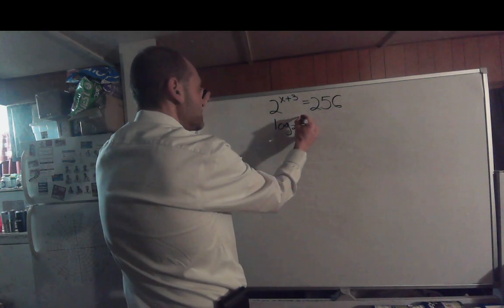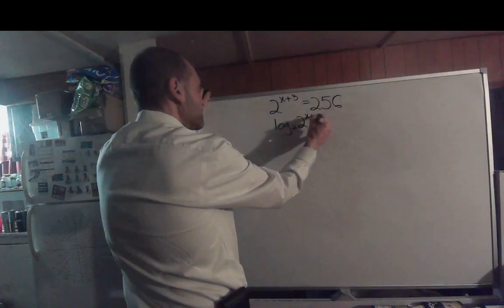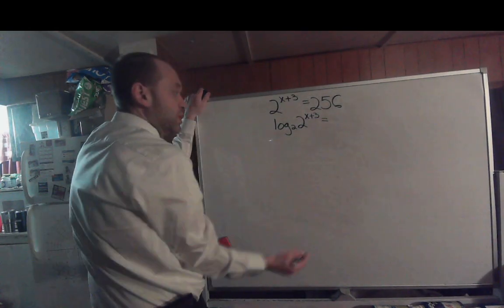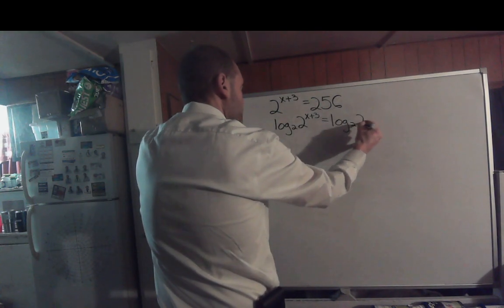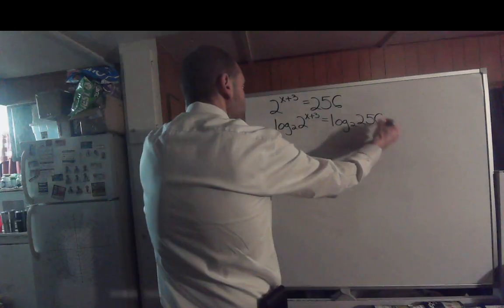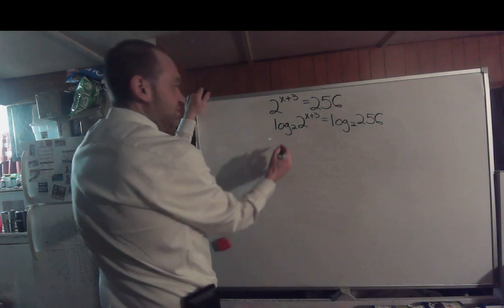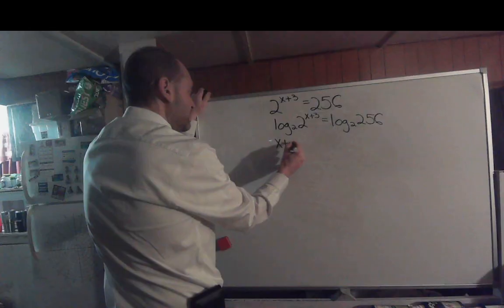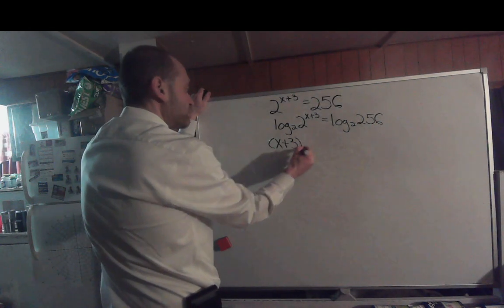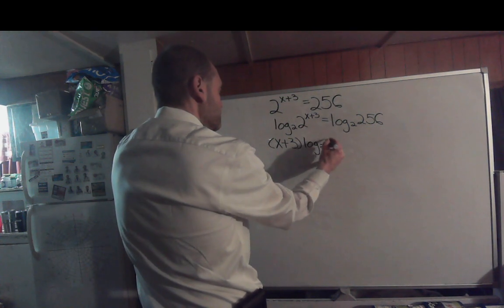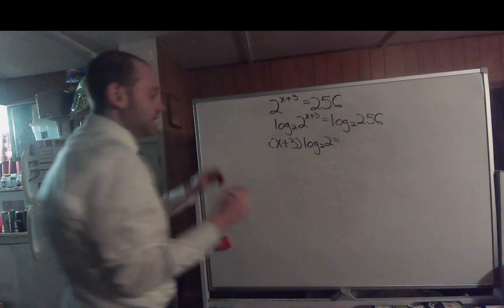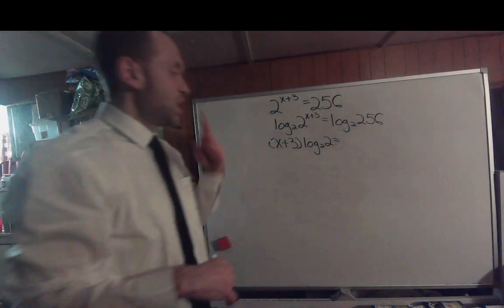So log base 2 of 2 to the x plus 3 power would equal log base 2 of 256. So on the left side, that x plus 3 would come down front. That'd be the whole x plus 3 times log base 2 of 2. That's going to equal your right-hand side.